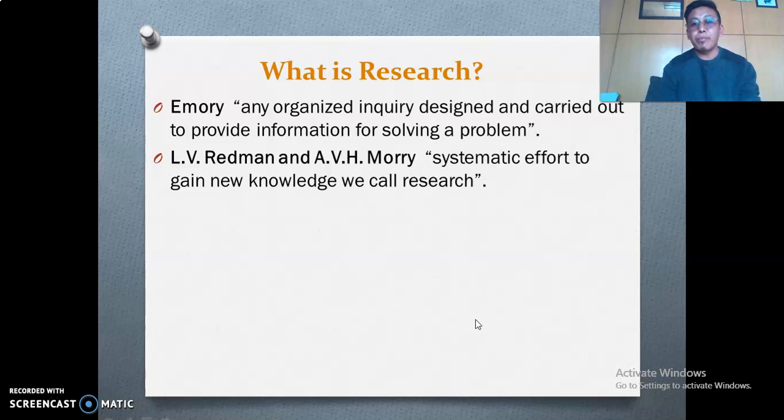Whenever we follow any systematic method to study any issue, that itself is research. Whenever we do research, it ends up with new information and new data.